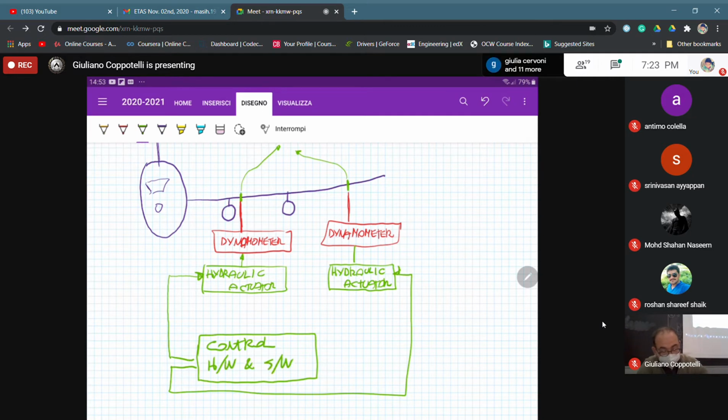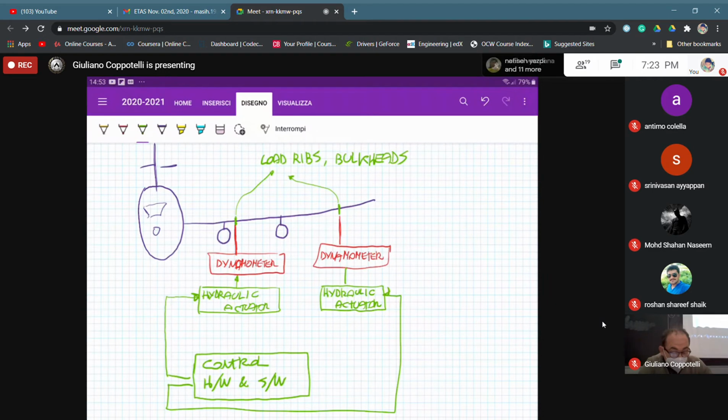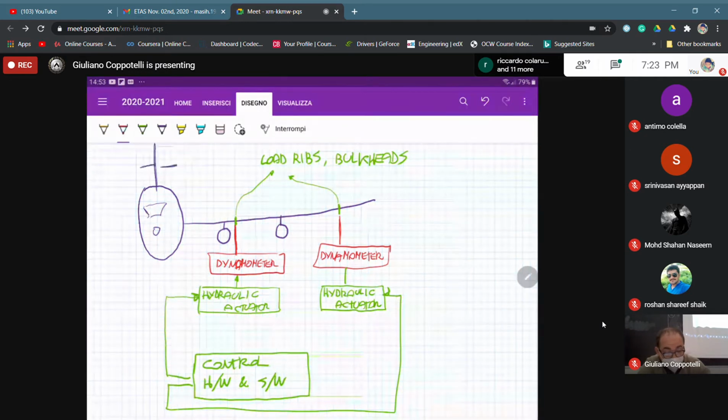At the same time, we can provide the structure with a lot of transducers, for example, a set of strain gauges over there, accelerometers, some here, like this.